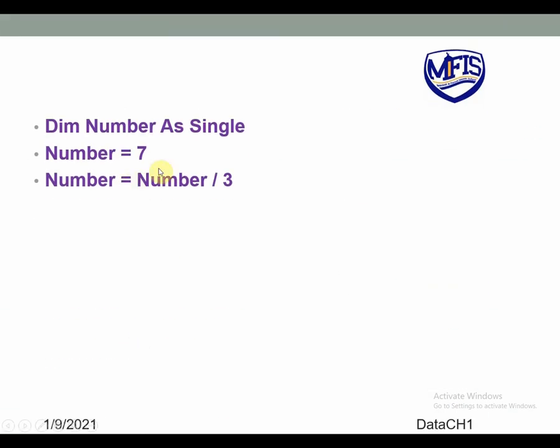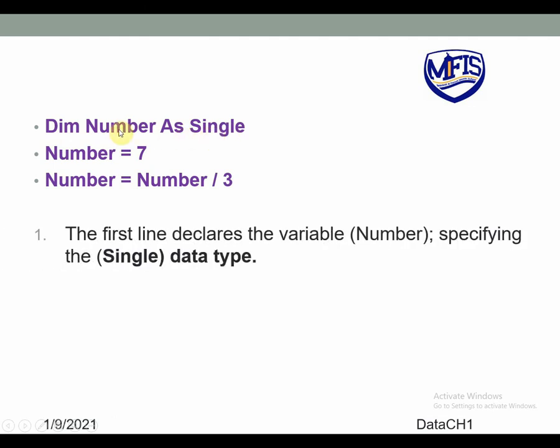Okay. Also, we can make another assignment statement by expression. Dim number as single, and we said that this is a declaration of a variable called number with data type single. In the second line of code, we said that number equals 7.